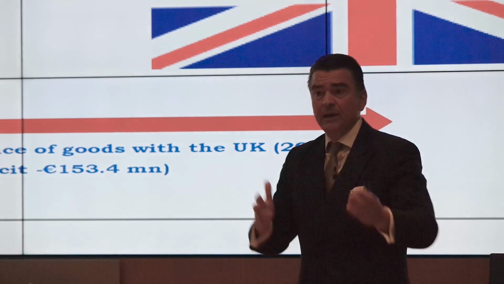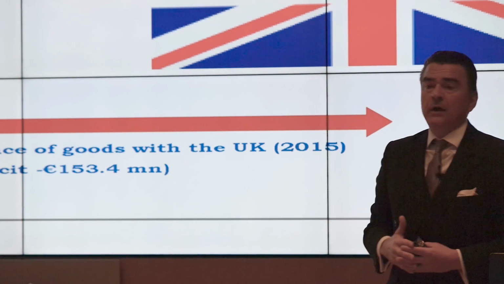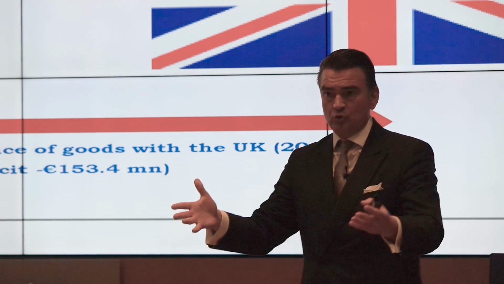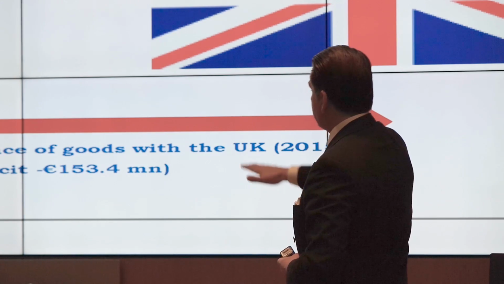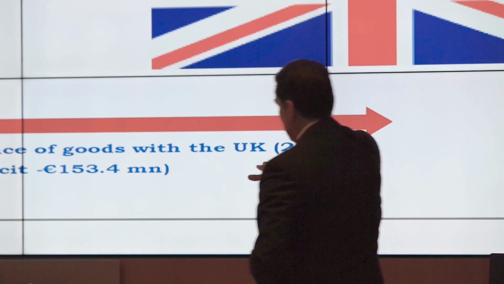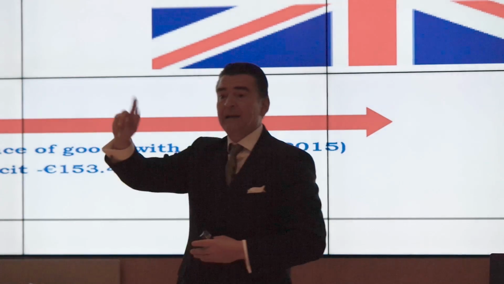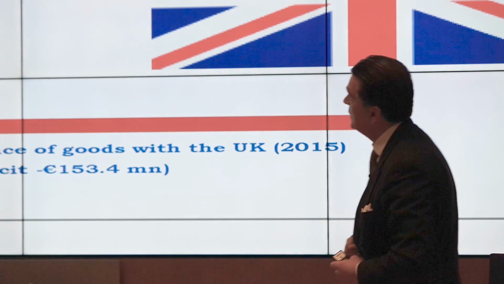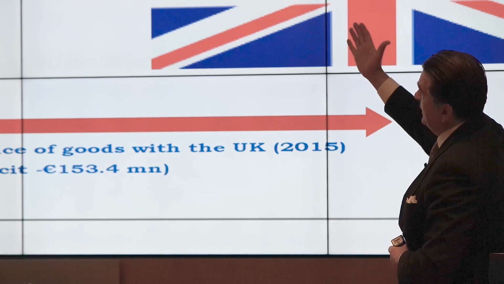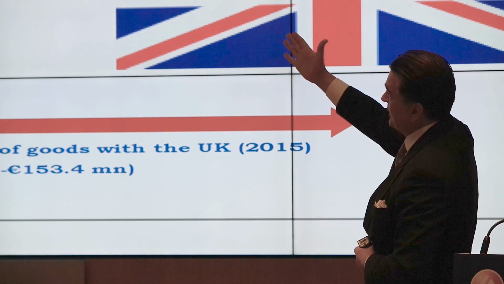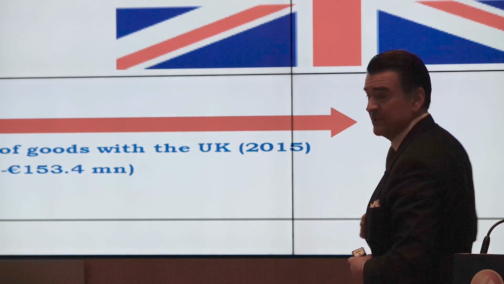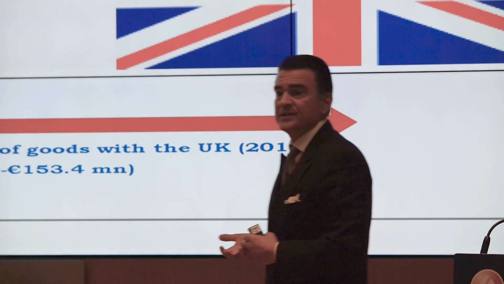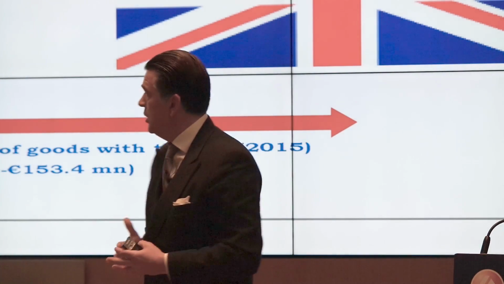As was mentioned earlier, Greece runs an overall current account surplus with the UK. It runs a deficit in goods, in the bilateral trade of merchandise exports and imports, and it runs a surplus external balance as regards services, with tourism and shipping playing a major role.